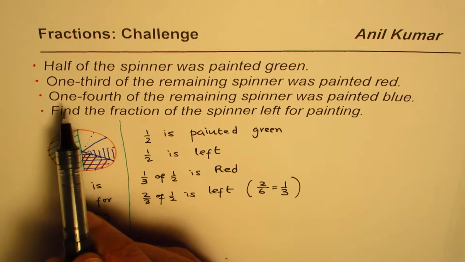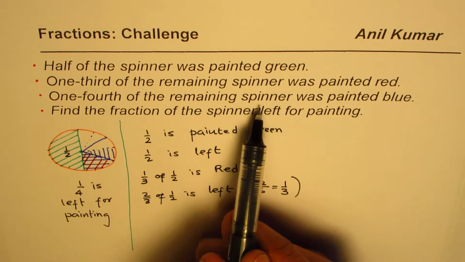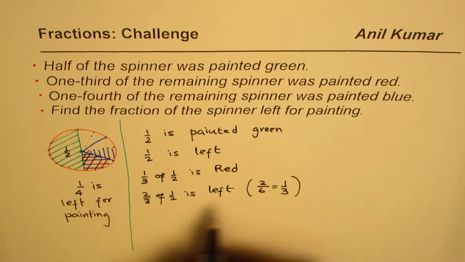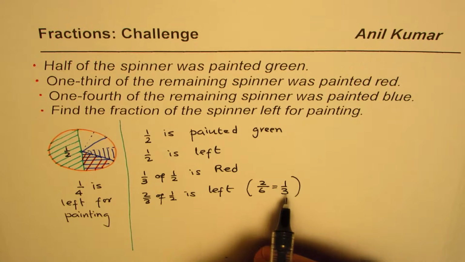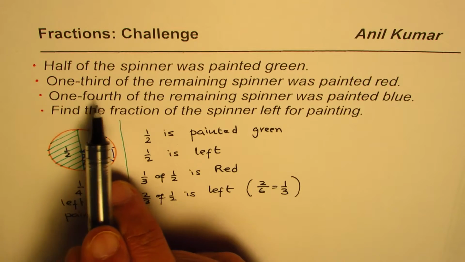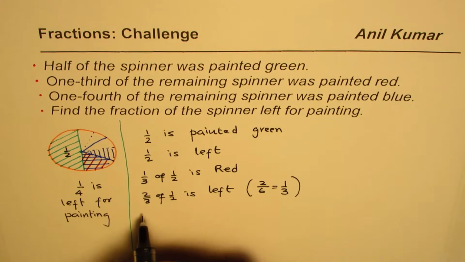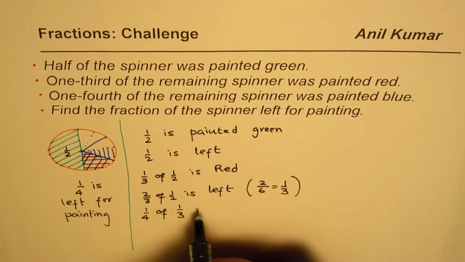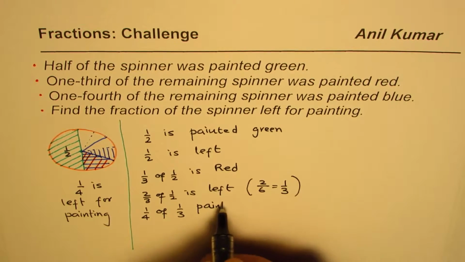Now it says 1/4 of the remaining spinner was painted blue. So when you paint 1/4 of 1/3, then what really remains is 3/4. Do you understand? So you say 1/4 of 1/3 is painted blue, right?